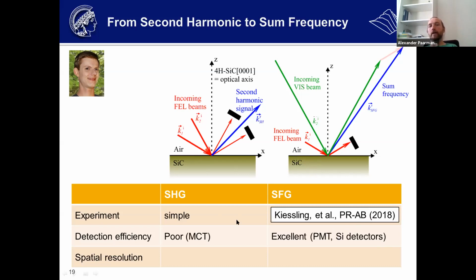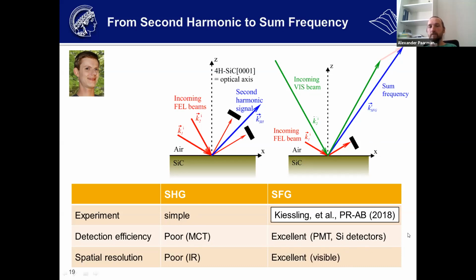For one, in a second harmonic approach, we detect in the mid-infrared, or even long-wave infrared, depending on where we excite. The best detectors we are using are MCTs. They are not very good detectors. They're not single photon detectors. If you do this in the SFG approach, your signal emerges in the visible, and you can use single photon sensitivity, so this is much more efficient.